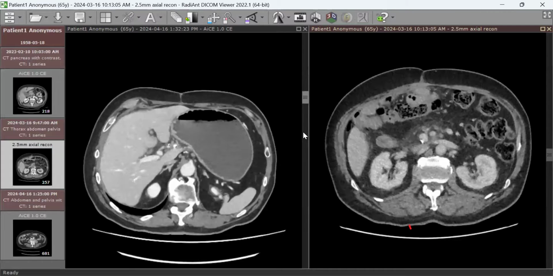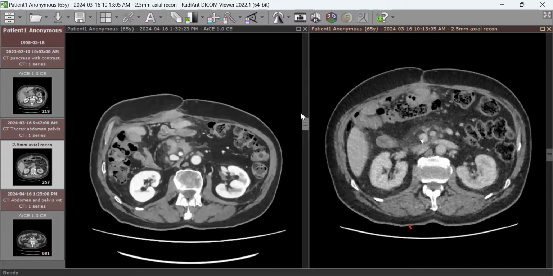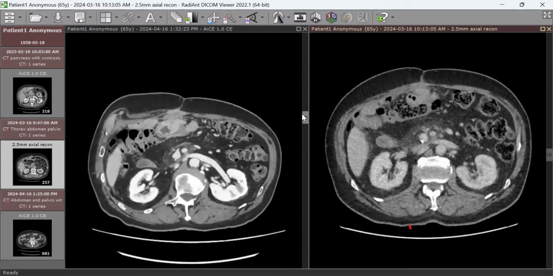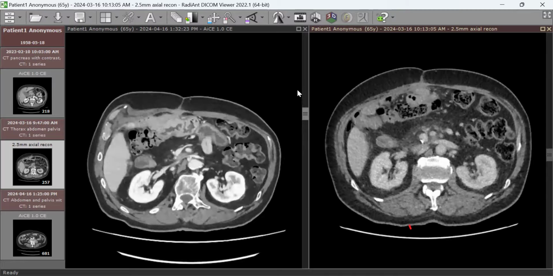There's no doubt about it, and also extending inferiorly. So there's metastasis here, the anterior abdominal wall, and also inside the abdomen, affecting the gastrojejunostomy and causing this gastric outlet obstruction. So what will be the management for this patient?